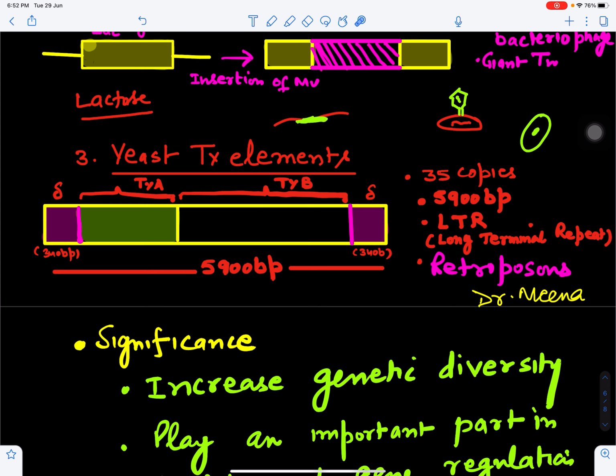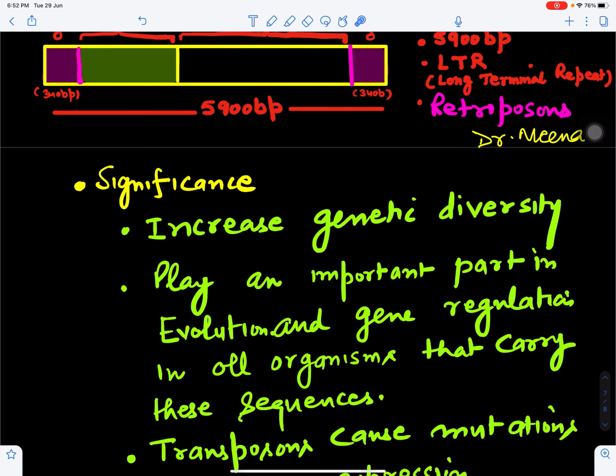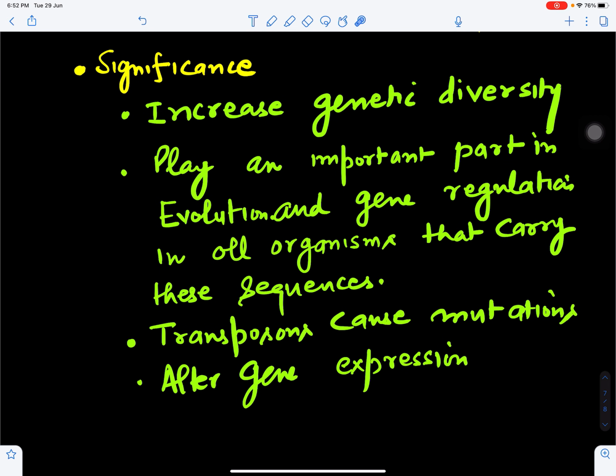Now this is about the types of transposon. Now what is its significance? When one DNA gets integrated into another DNA, this will increase the genetic diversity. Genetic variation will improve. This also plays a very important role in the evolution process and also helps in gene regulation in all the organisms which are carrying the transposons.